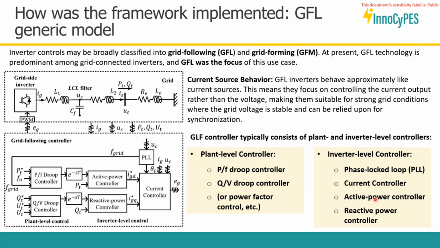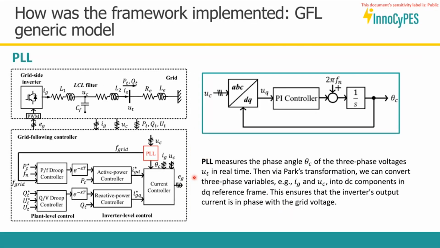At the plant level, we have a power-frequency droop controller, and you can also have a Q-V droop controller. The references are set depending on some measurements and so on. So that's the main idea of grid following. For example, the PLL is this part highlighted here.